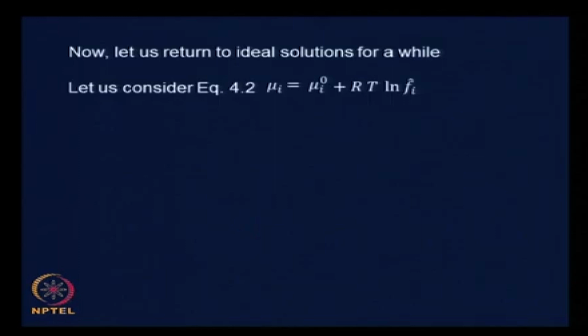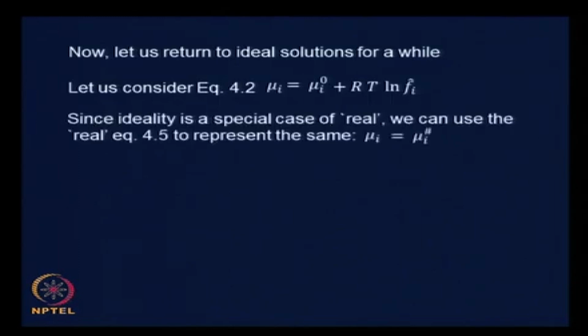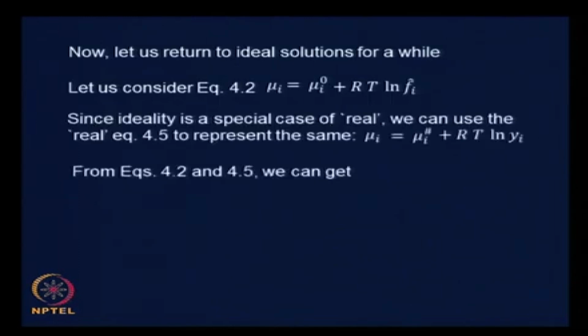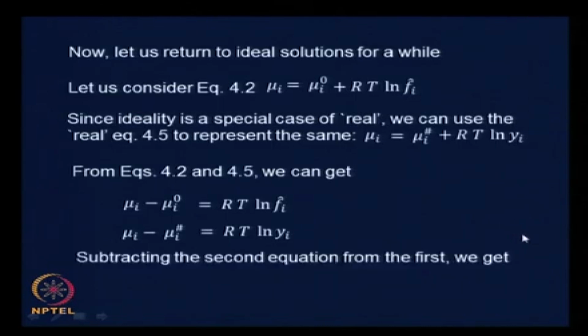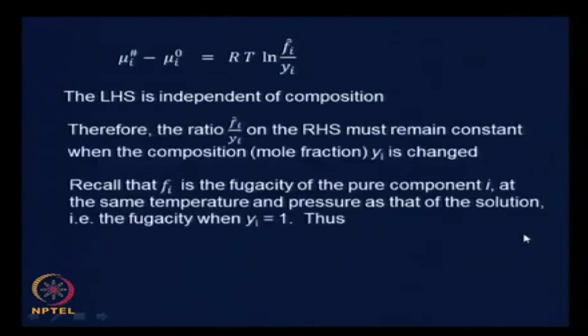Now, by considering the ideal solution and manipulating the expression mu i equals mu i naught plus RT ln f_i hat, we came up with an expression, and this argument was important there. We came up with this expression: mu i hash minus mu i naught equals RT ln f_i hat by y_i.